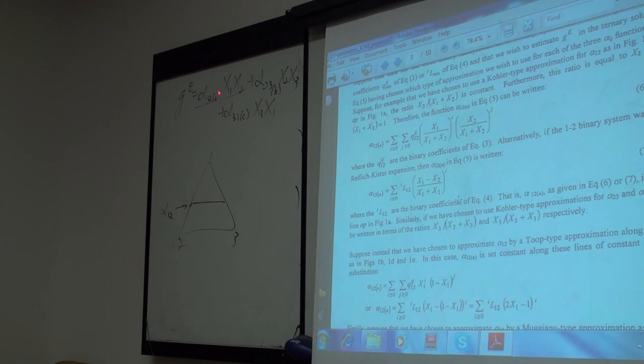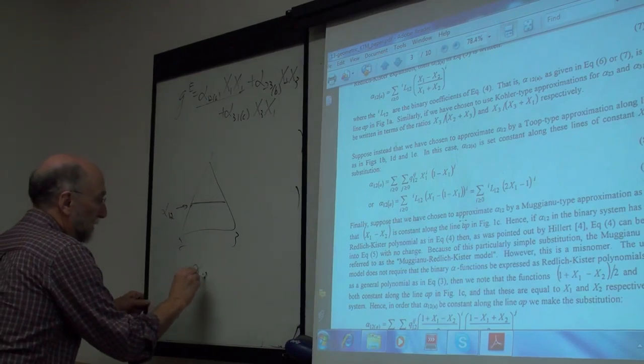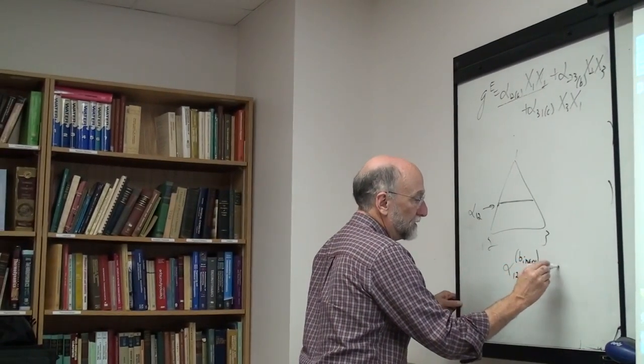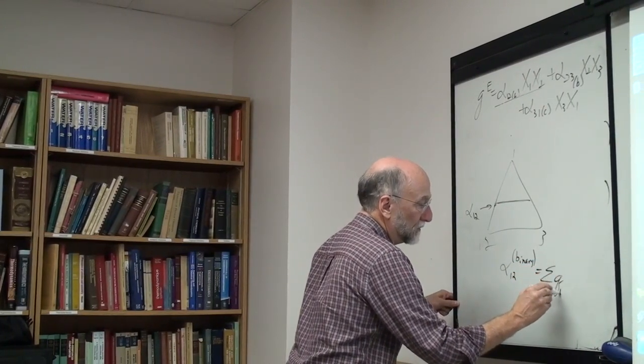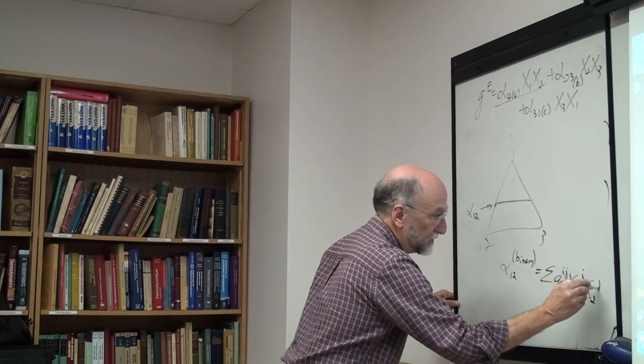If you now assume that alpha 1,2 is constant along this line, then what do you write for alpha 1,2 in the ternary expression? Let me write the binary. Alpha 1,2 in the binary is equal to sigma q_12 ij x1 to the i, x2 to the j.